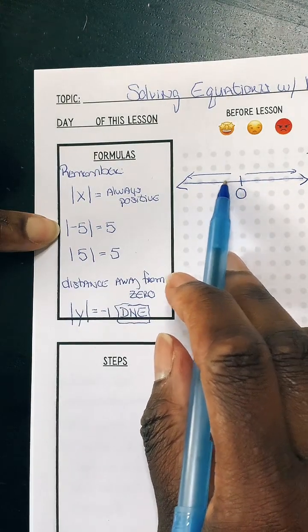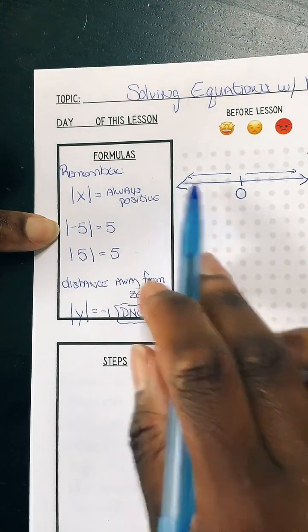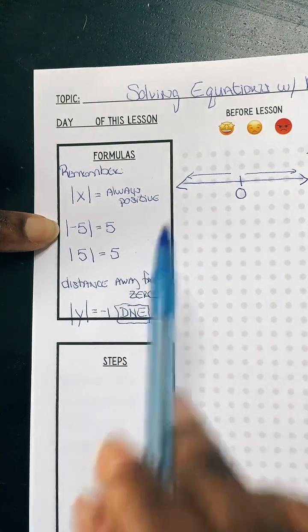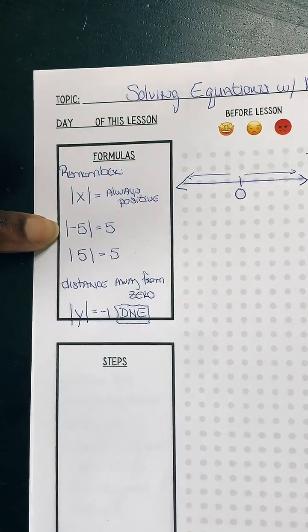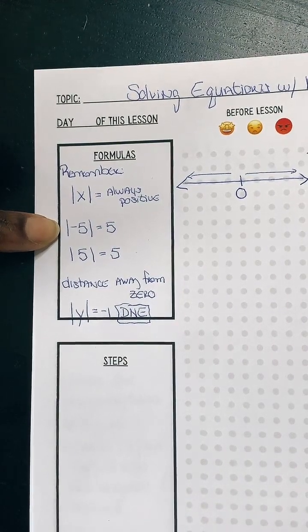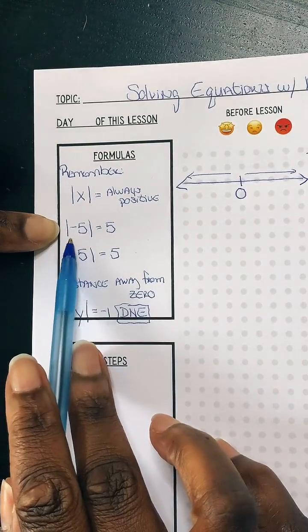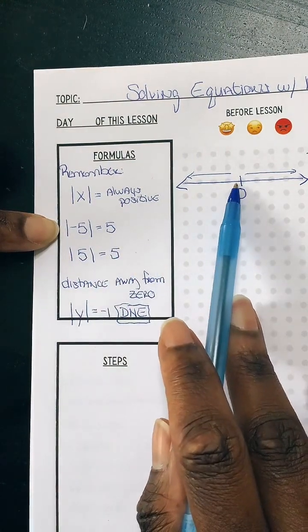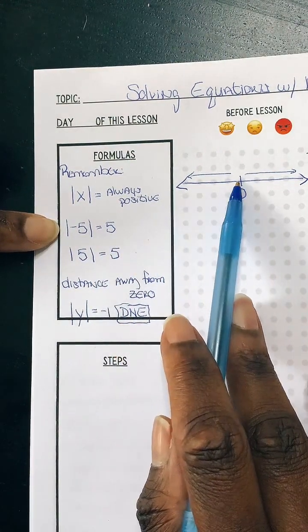That means I am 5 units away from zero. Although I'm going in the negative direction, I can't physically take negative steps. You can try, but you can't. You can't take -5 steps. So that's why the absolute value is always positive, because it's the distance away from zero.